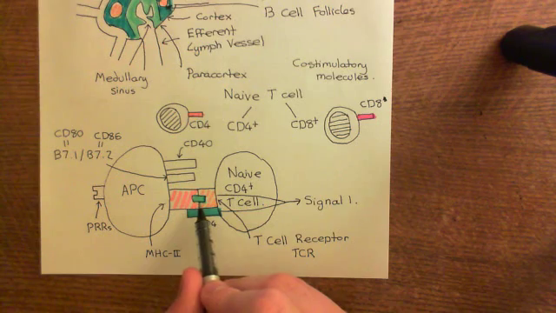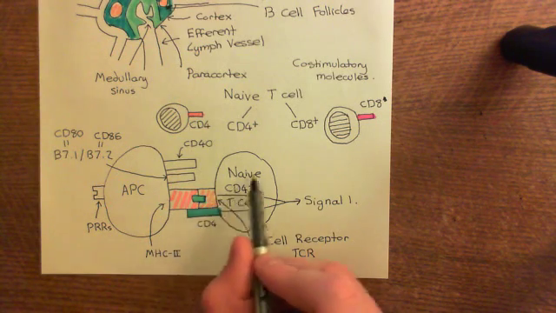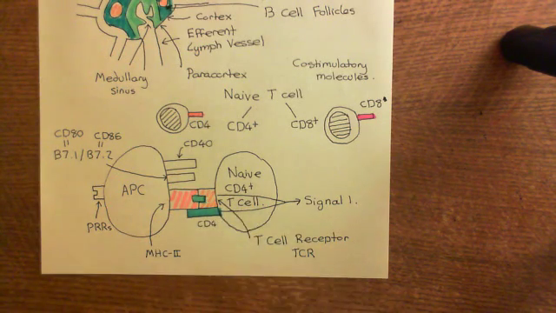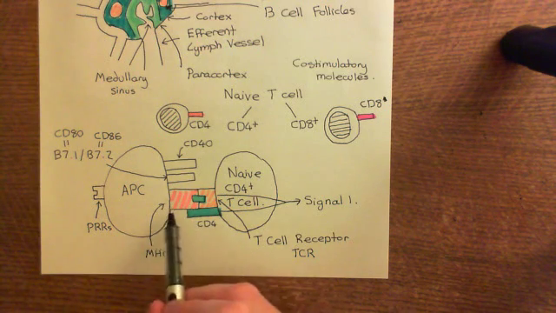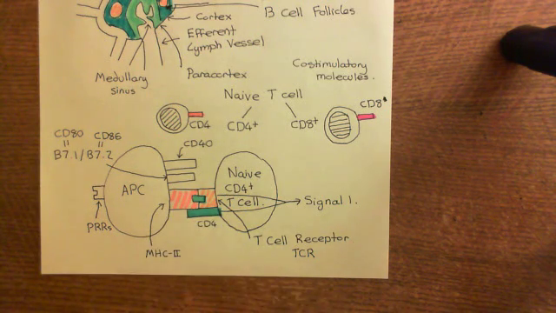Whereas in people who aren't allergic, potentially they don't have naive CD4 positive T cells which have T cell receptors which will bind to this allergen fragment. So this could be one of those stages which is different between allergic individuals and non-allergic individuals.